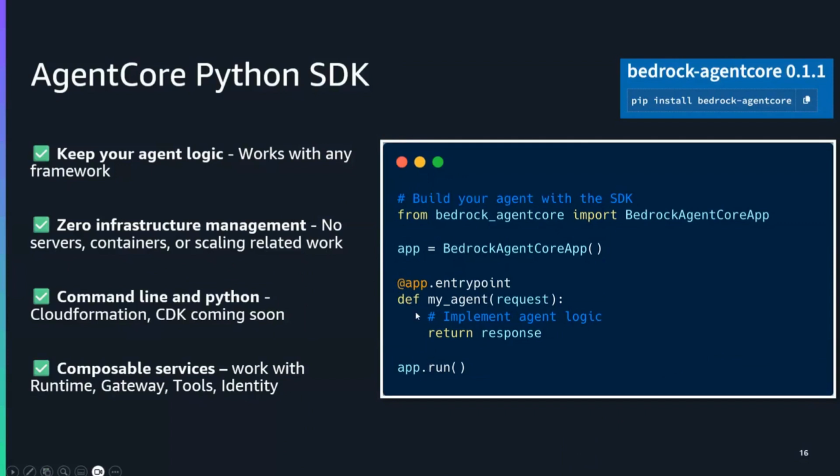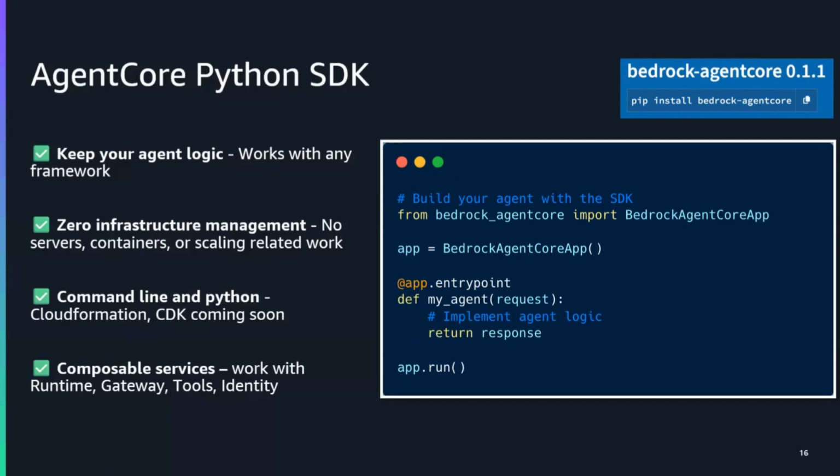Now behind the scenes, it is running a server exposing port 8080 where you get your invocations from, and you can do whatever you want inside your main handler. So this is where all your agent logic will be baked in. And using this, you can either respond in an asynchronous way or in streaming chunks.